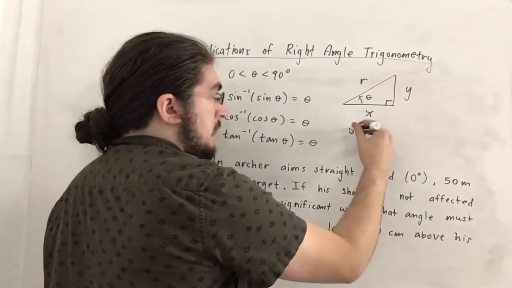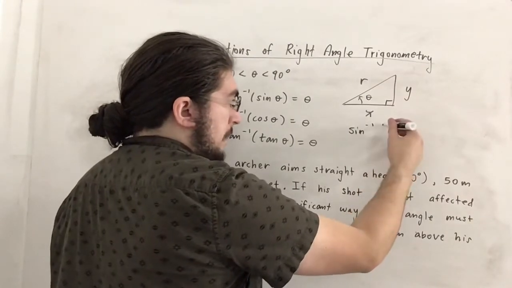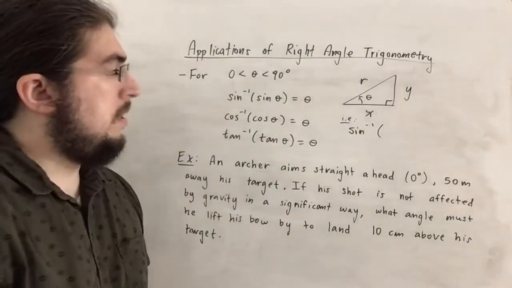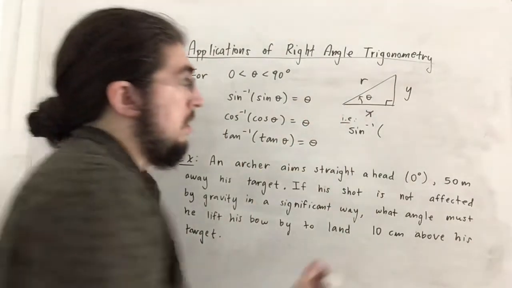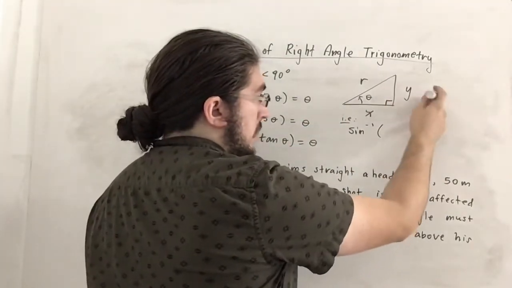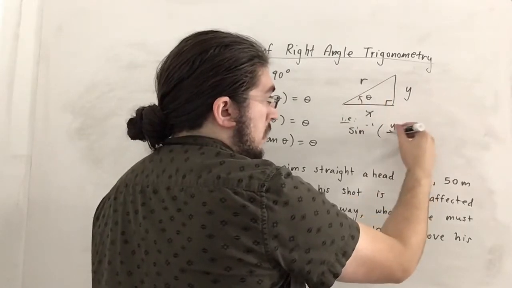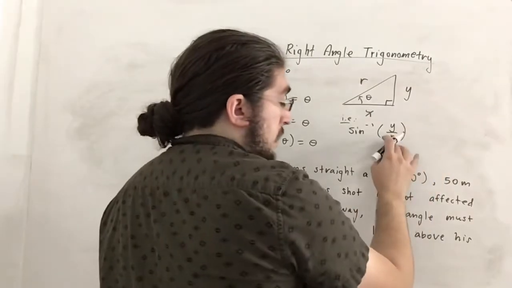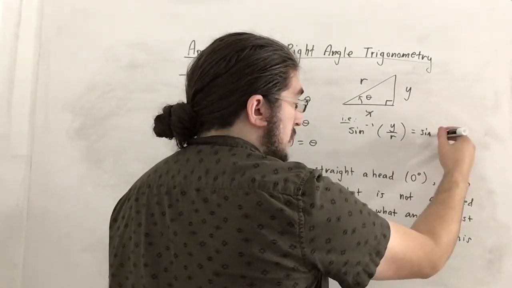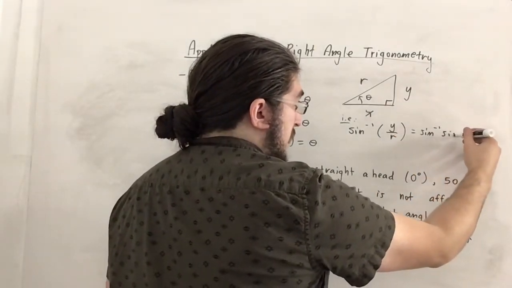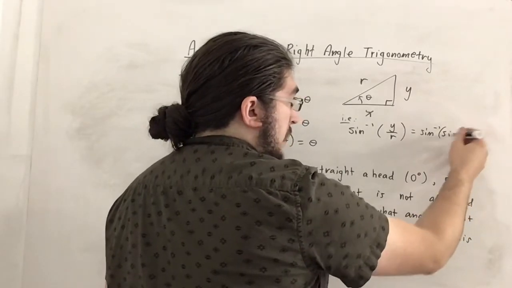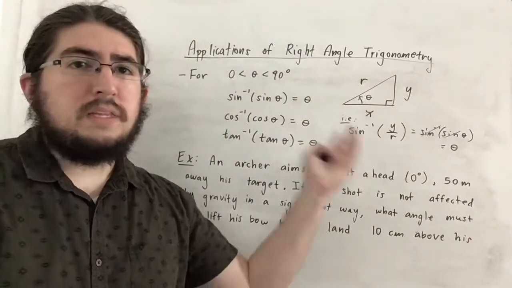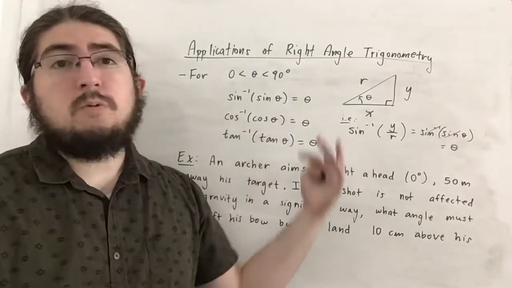Then what is sine inverse, just as a little example, of y over r? Well, since y over r is sine of theta, we can replace y over r with sine of theta, so this is sine inverse of sine of theta, and these cancel and you just get theta. So this gives you an example of what this is used for. These are used for when you want to find the angle.